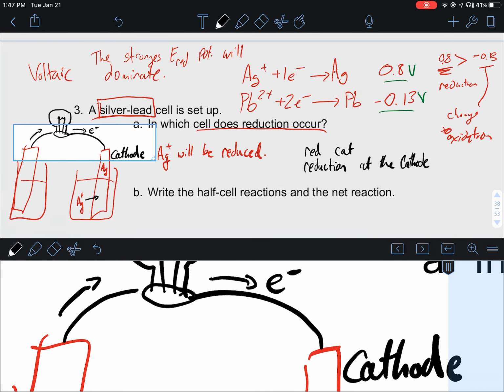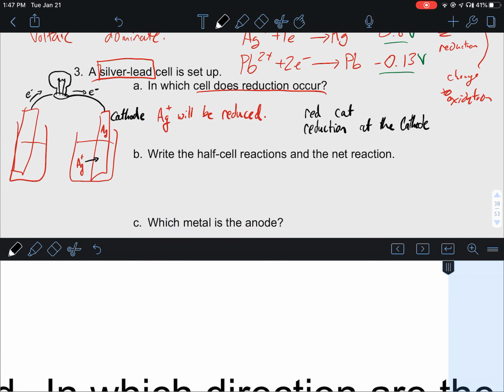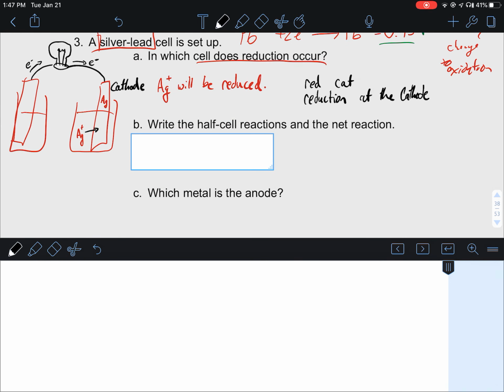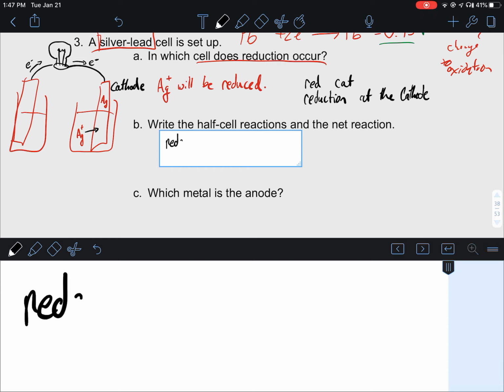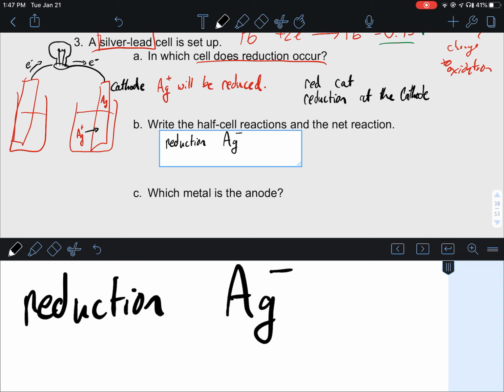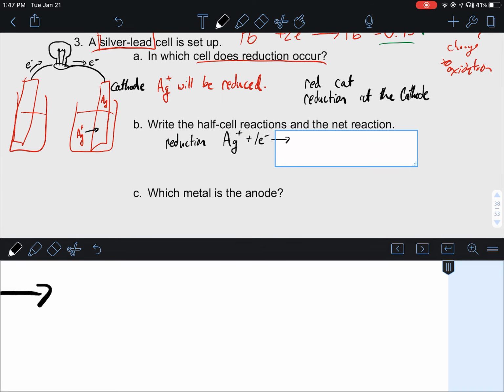We're going to need those electrons, and those electrons are going to come from our sacrificial metal, our metal that's going to be oxidized. Here we've said that the reduction will continue to be the silver plus one electron, which gives us silver metal.